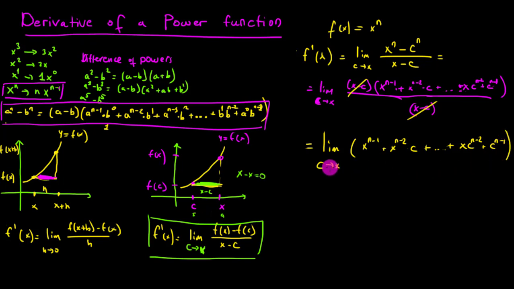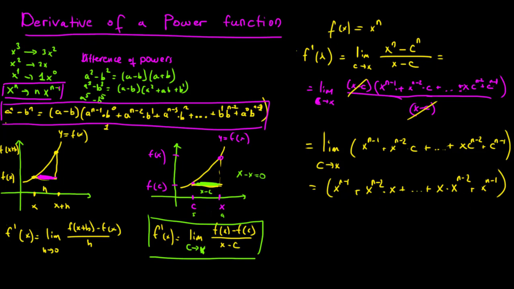As c becomes x, it equals x to the n minus 1 plus x to the n minus 2 times x, and so on, plus x times x to the n minus 2 plus x to the n minus 1.